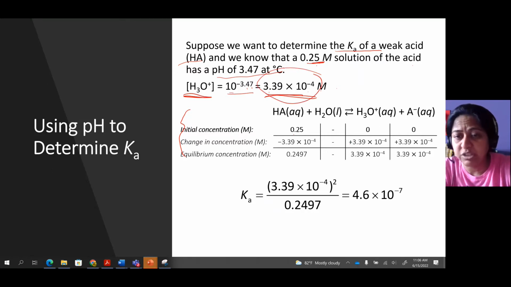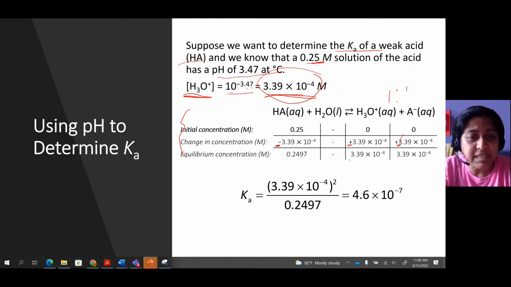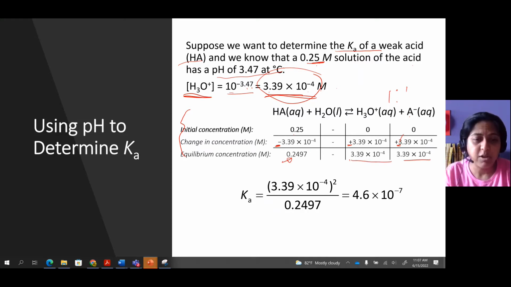Okay. Now we again construct the ICE table and the initial concentration was given as 0.25. This hydronium ion concentration is actually the change, so plus x. And that same value for A minus, because the stoichiometry is 1 to 1, and then there would be minus that change for the acid. So we solve that here and here are the equilibrium concentrations.